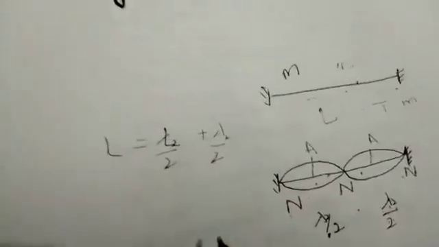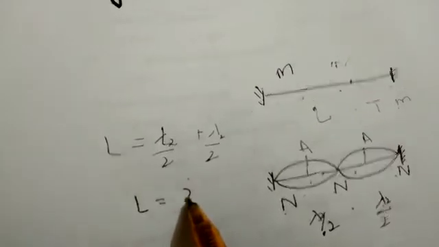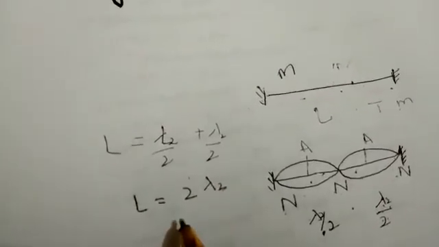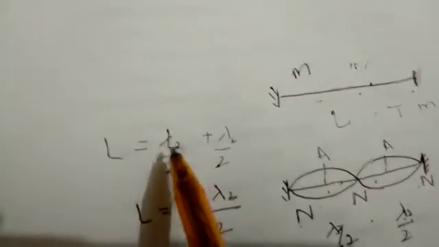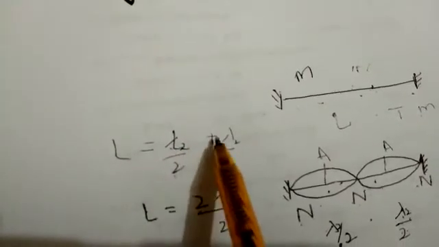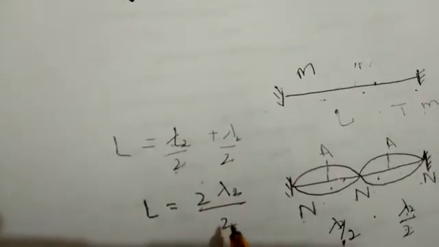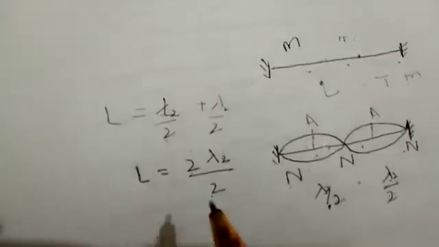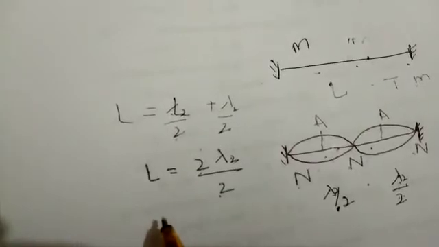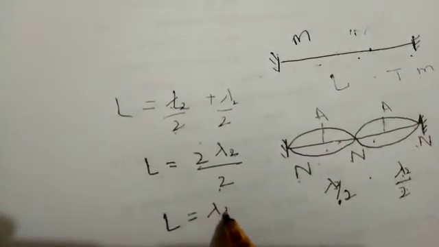By adding, we can write that L is equal to 2 lambda 2 divided by 2, or we can write L is equal to lambda 2.